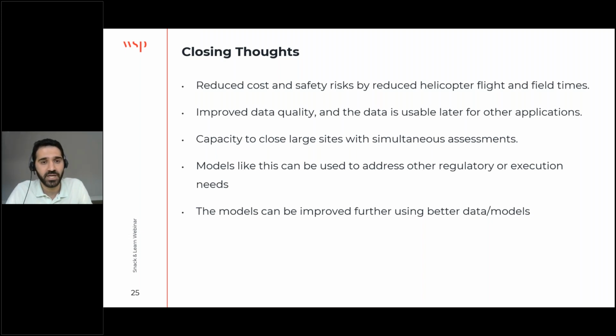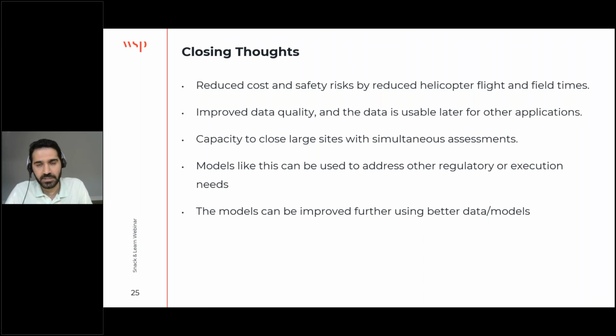There's also an opportunity to apply these types of models to broader areas, more sites, and by this we can reduce the cost even further. As I mentioned, we developed these models over oil sand exploration sites in Alberta, but similar models can be developed for other applications, let's say for reclamation assessment in mining sites or agricultural lands.